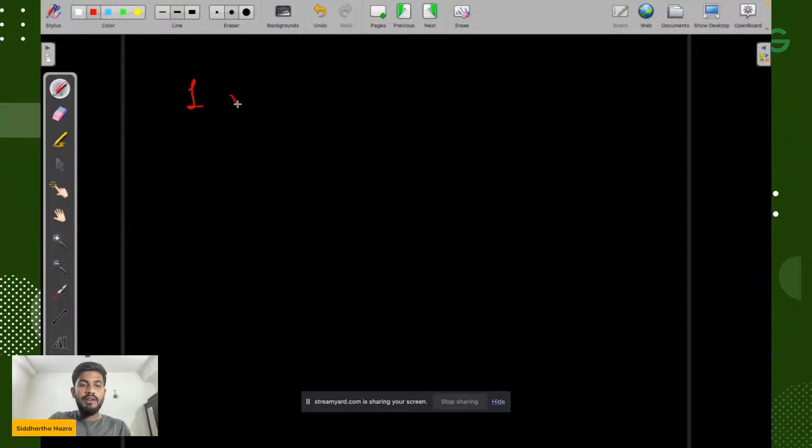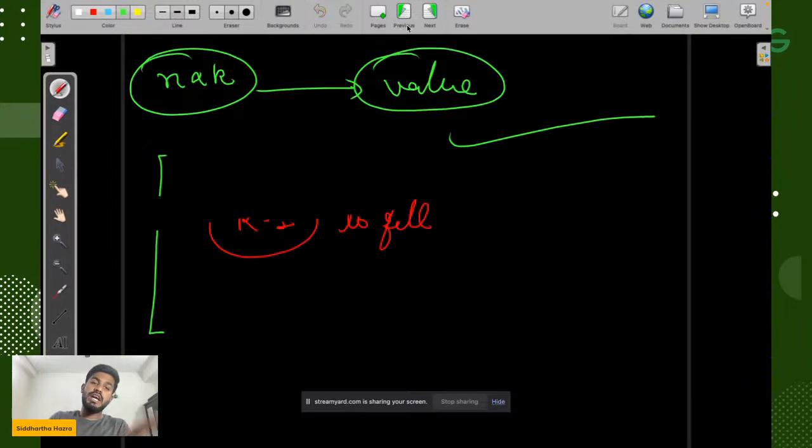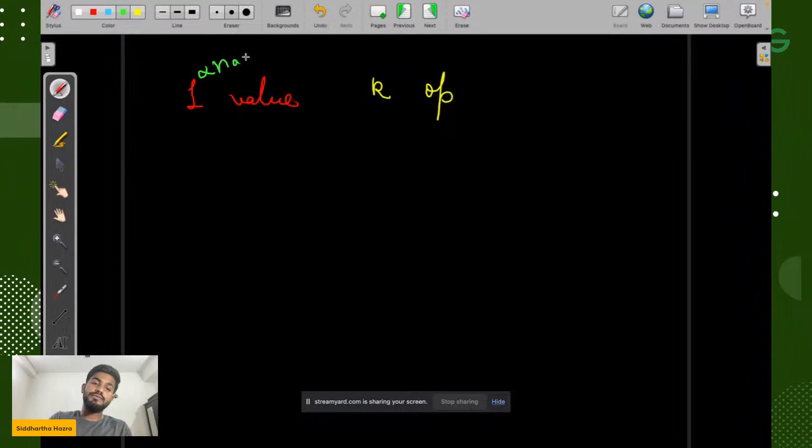Ignoring the constant, I am doing k operations. So to fill how many values? N cross k values. Multiplying n cross k on both sides, I am filling up k square n values.